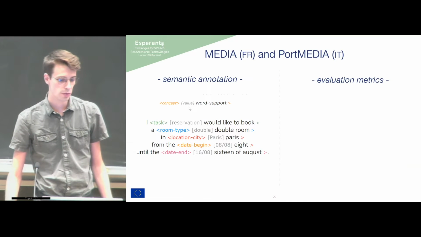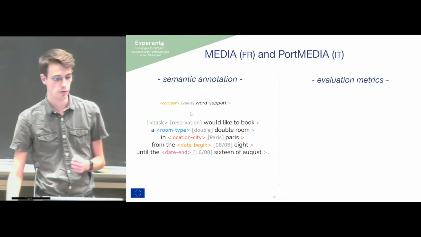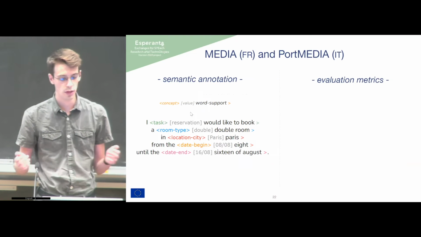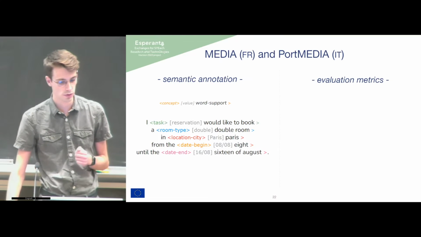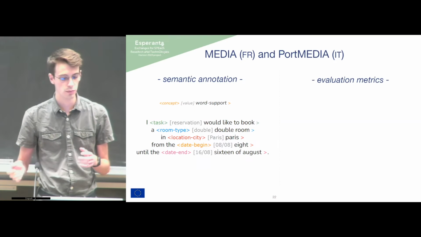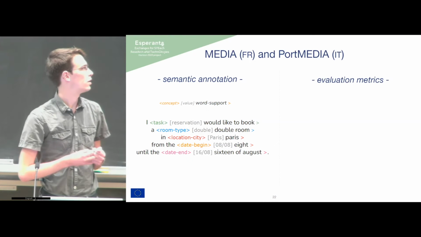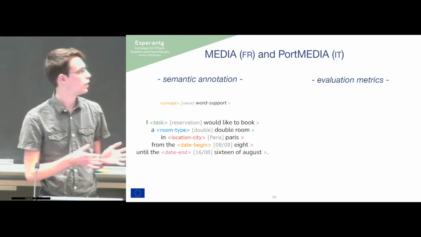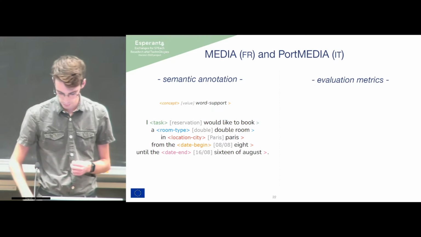And then the value, which is the normalization of those words. So, for example, in "I would like to book a double room in Paris from the 8th until the 16th of August," "I would like to book" will be a task that the user wants the system to perform. And we could normalize "would like to book" to "reservation" so that the system can know what to do.